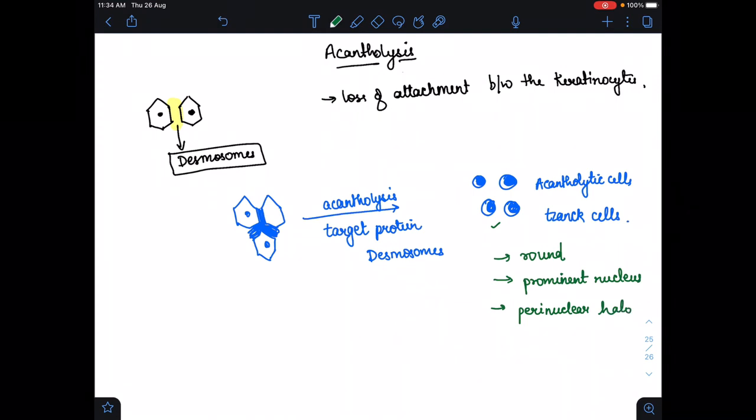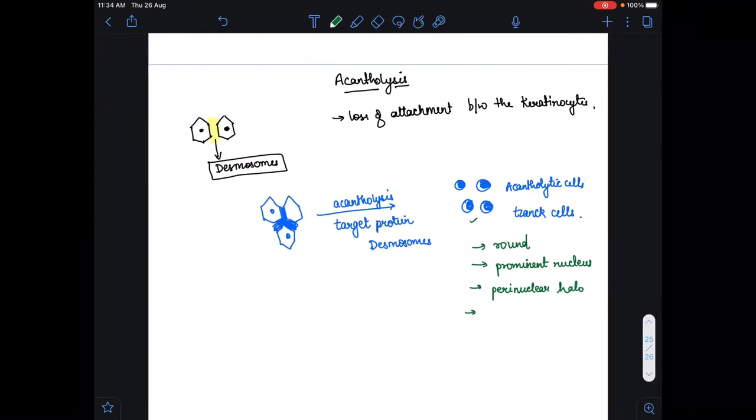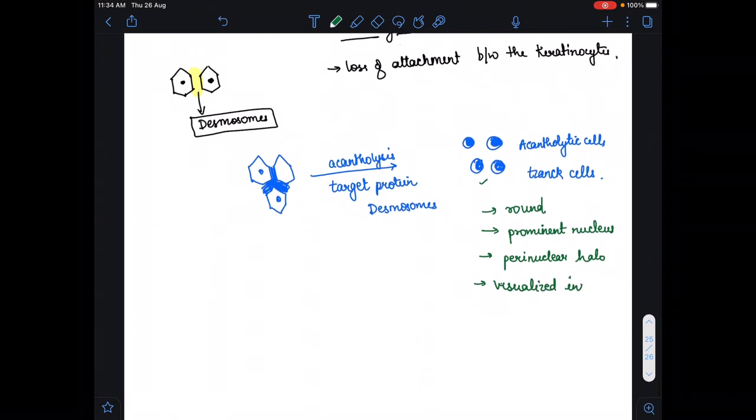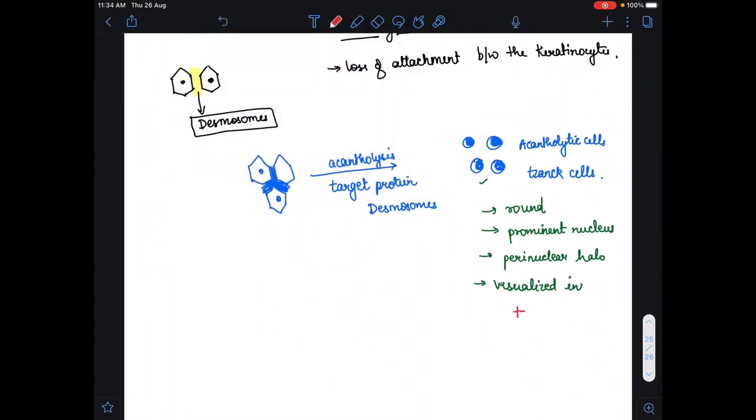And how can we visualize it? It is visualized in a Tzanck smear. Please remember it is visualized in a Tzanck smear.